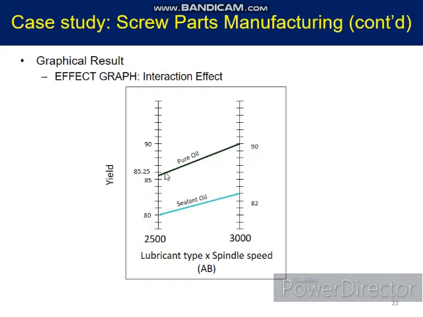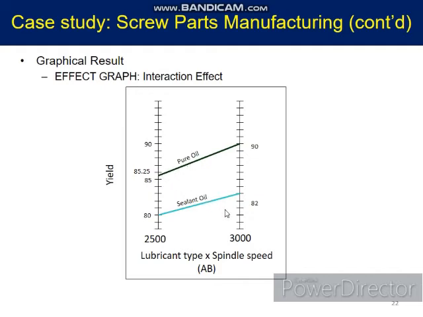But let's say, for example, this pure oil line is trending downwards like this, having a negative slope. Then you can see that as the spindle speed changes from low to high level, the yield will go in the opposite direction.